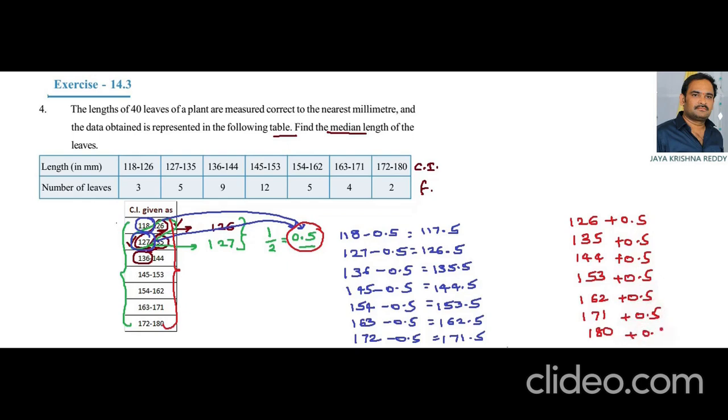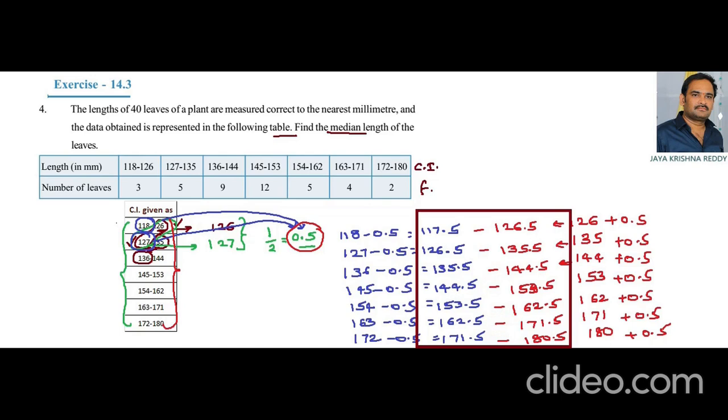So what is the result now? By adding 0.5, from the first one, 126 plus 0.5 is 126.5. In the next one, 135 plus 0.5 is 135.5. For the next class it is 144.5. Next 153.5, next 162.5, 171.5 and 180.5. Now these are the class intervals after converting.